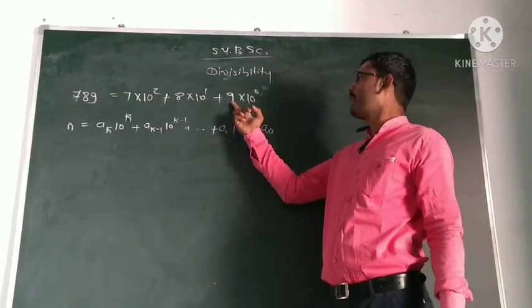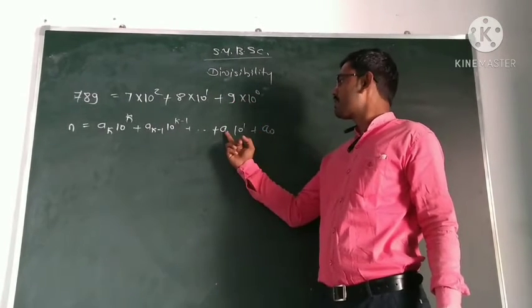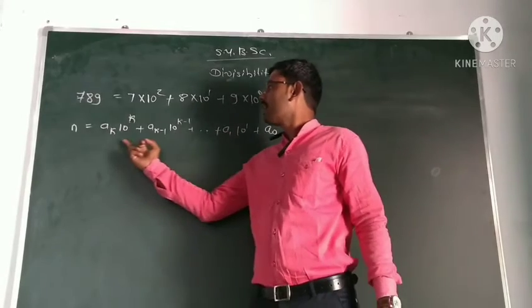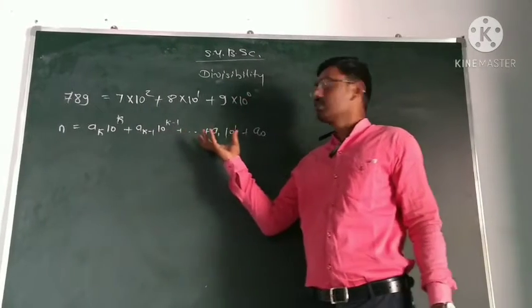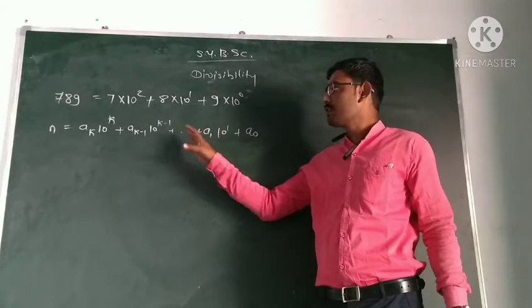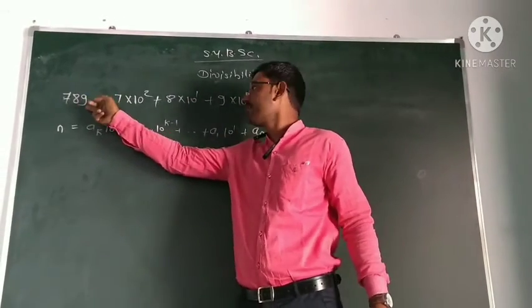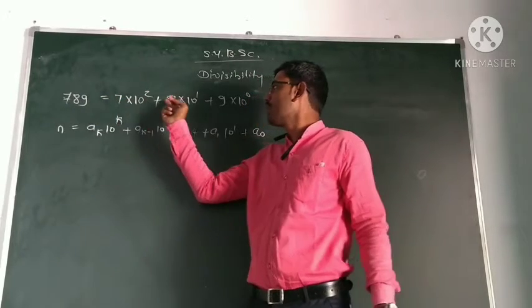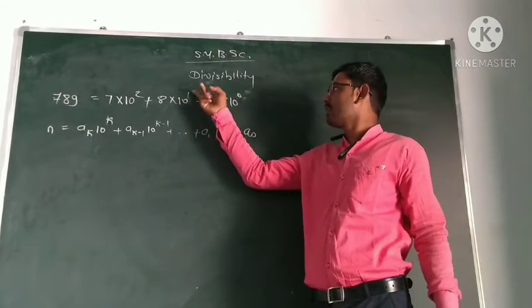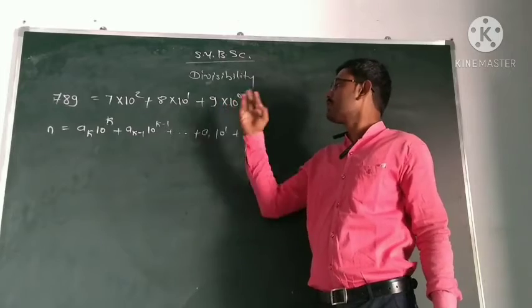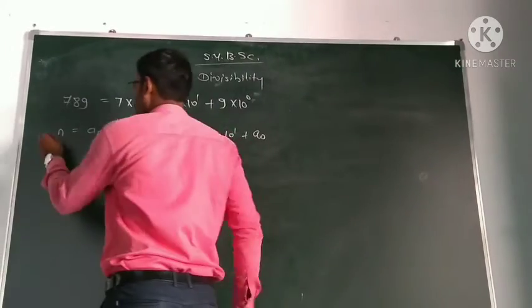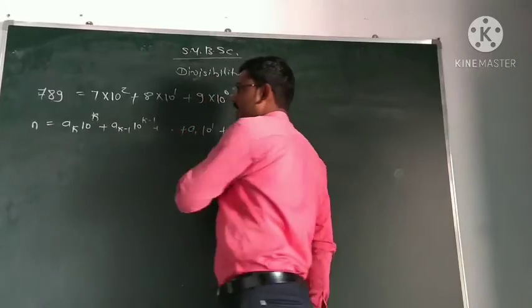Like 9 is the unit place, a1 is the 10's place, and so on. This is the general representation of any number. For example, 789 you can write as 7 into 10 to the power 2 plus 8 into 10 to the power 1 plus 9 into 10 to the power 0. So any number m can be represented like this.